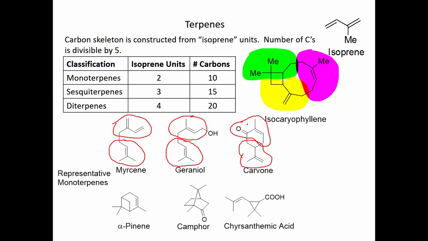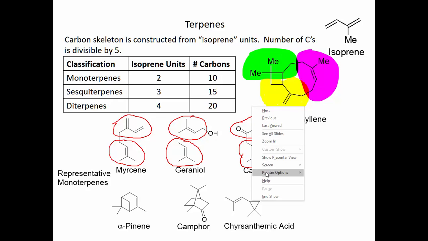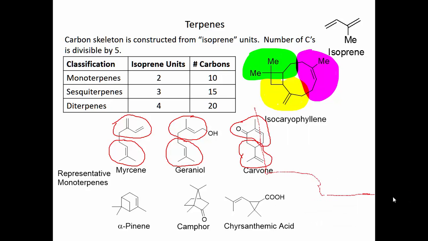Let me change my color here. Pointer options, ink color. We just need a different color. We'll go with blue. So this is not the only way we can do carvone here.